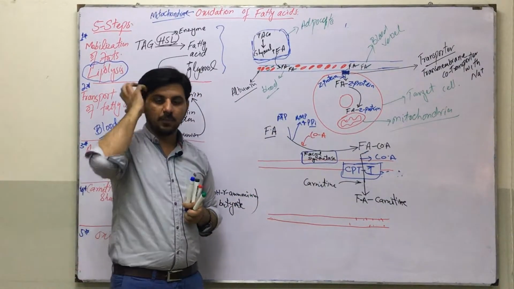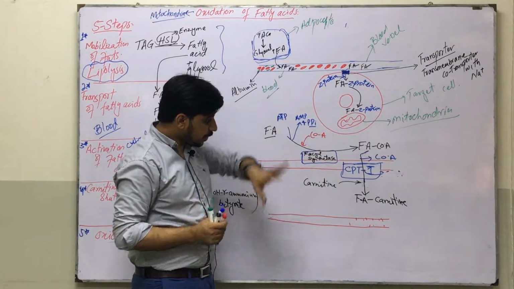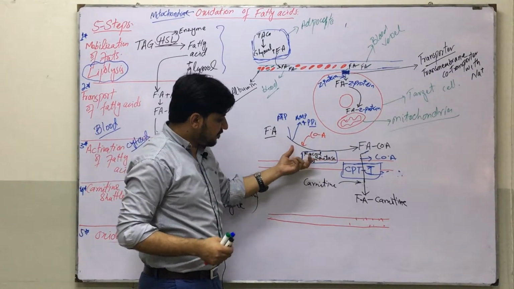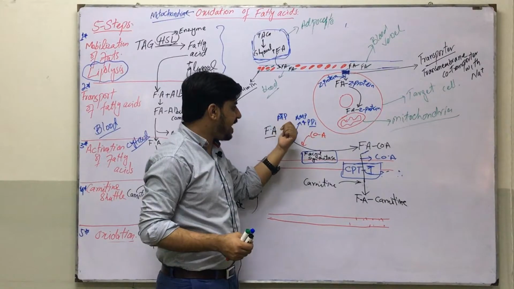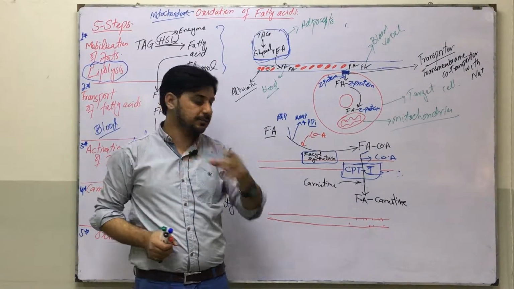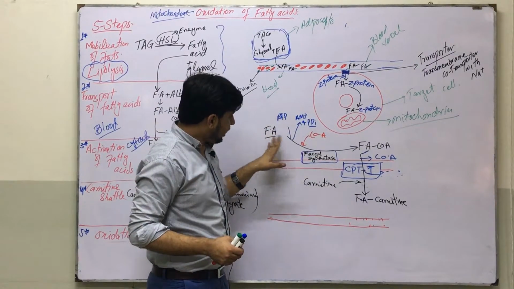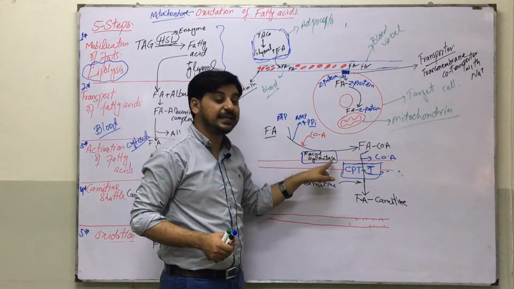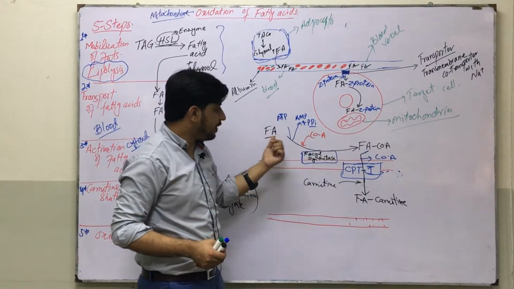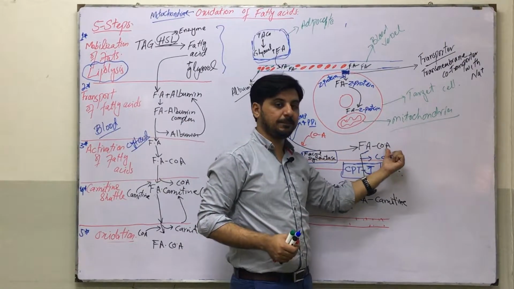Here you can write it: CoA is removed. Now once again listen to me, first there will be the activation of fatty acid on the expenditure of one molecule of ATP and its two phosphate bonds, with CoA, and the enzyme involved is fatty acyl synthetase, and fatty acid will be converted into fatty acyl CoA.